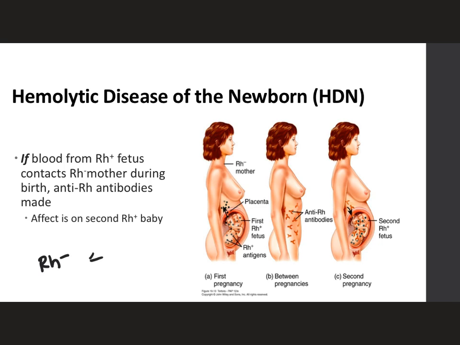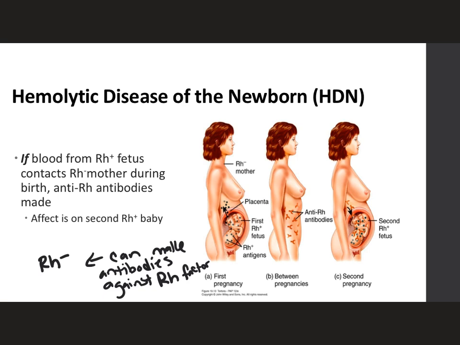So an Rh negative person can make antibodies against the Rh factor, while an Rh positive person will not, because they have the Rh antigen there. The body recognizes it as being normal, and it won't make any antibodies against it, okay?